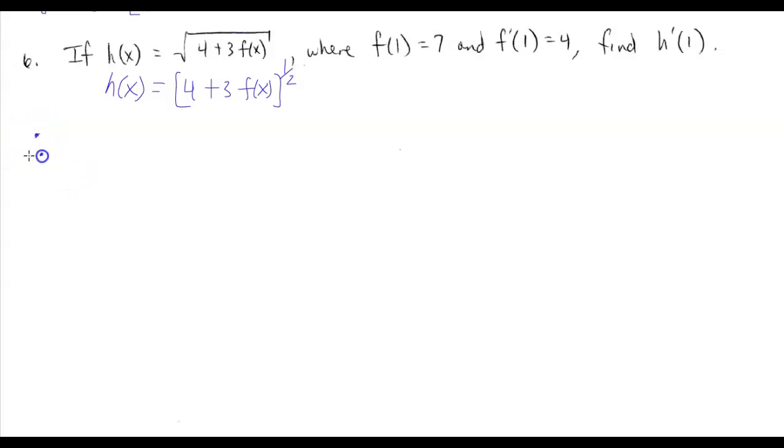So if I'm going to take the derivative of this function, I'm asking myself, what is the derivative of blah raised to the 1/2? Well, that's going to be 1/2 of blah raised to the negative 1/2. And again, I'm using the power rule there, times derivative of blah with respect to x. And of course, blah is just whatever the inside function is here.